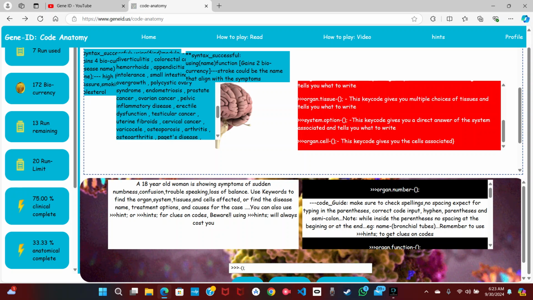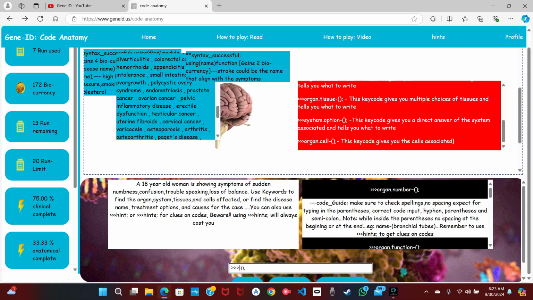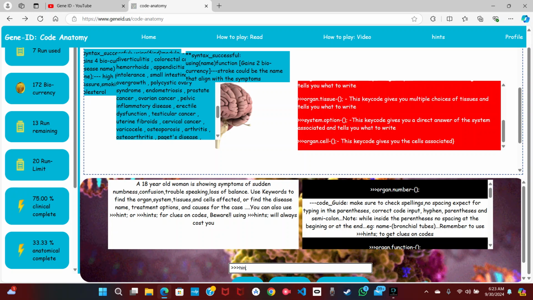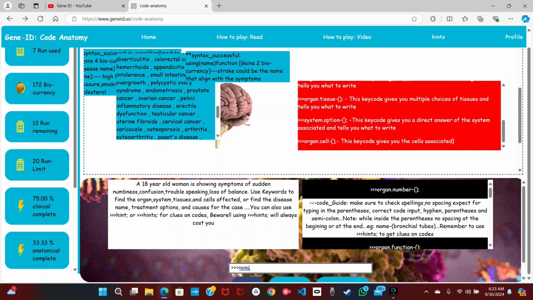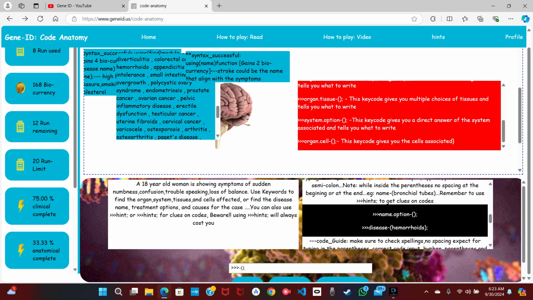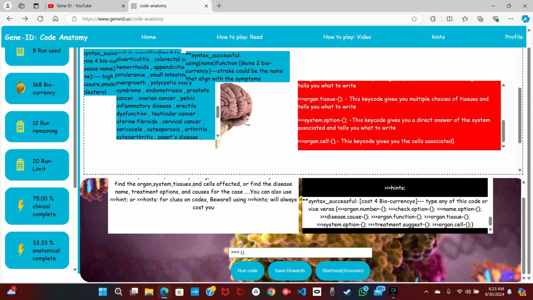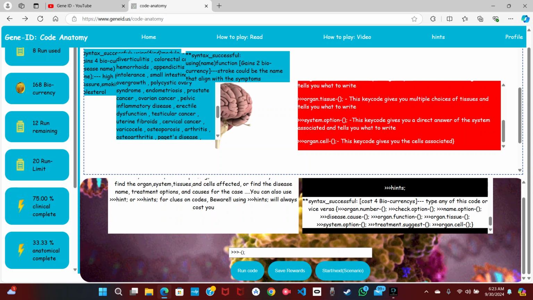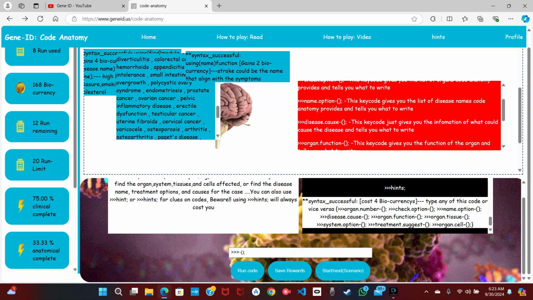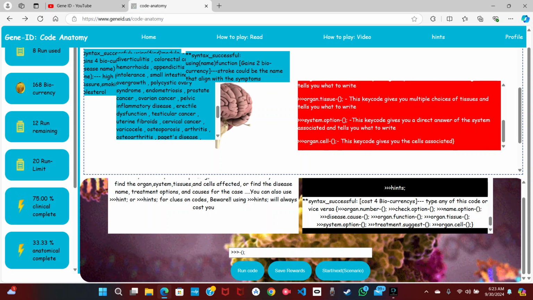However, what we could just do, I already know the code for the treatment. Or I could just type this hint because for some reason I couldn't see it there. What I could do here is type hints, and now that I have it, you see, treatment does suggest. Let me see if it's still there. Nope, it's not there.